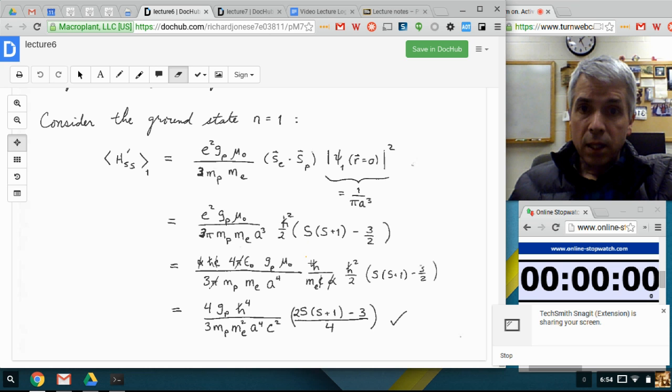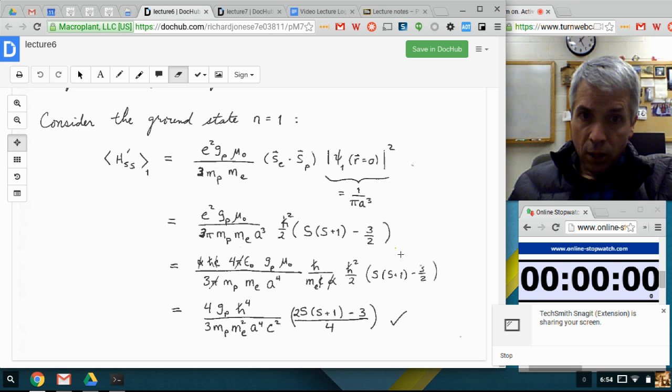It is S times S plus 1, like any other angular momentum squared, with an h bar squared factor outside to get the units. So let's bring the h bar squared outside. Here's our S squared. Now we're going to subtract S_E squared and subtract S_P squared. Each one of those is s(s plus 1), but they're 1/2. So 1/2 times that 1/2 plus 1 is 3/4. Subtract two of them, and you end up with S(S plus 1) minus 3/2. And here the algebra, I'm just canceling out some common terms, and it reduces down to this nice expression down here.